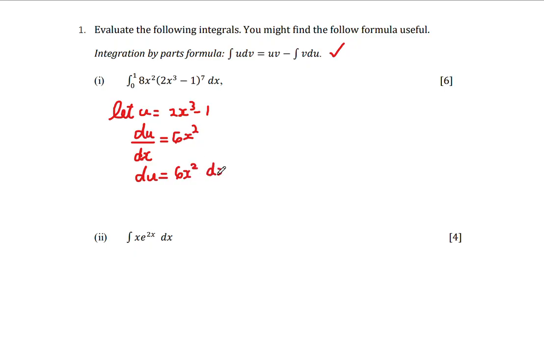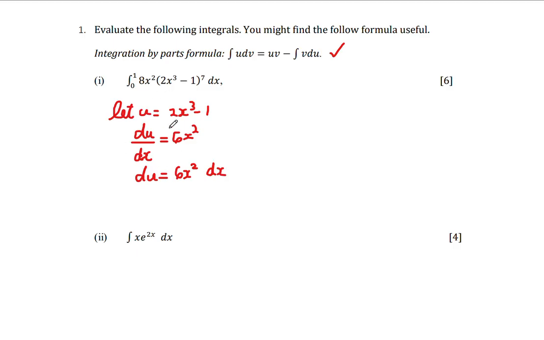That is, by making du the subject of the equation, we multiply both sides of the equation by dx. So dx would cancel on the left hand side of the equation, and we would have dx multiplied by 6x squared on the right side. So by transposing for du here, du is equal to 6x squared dx.